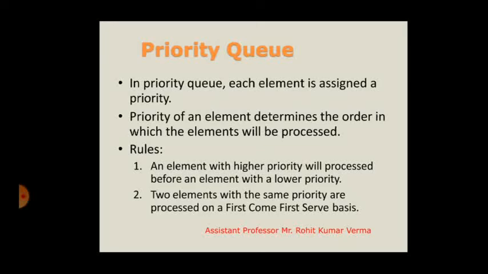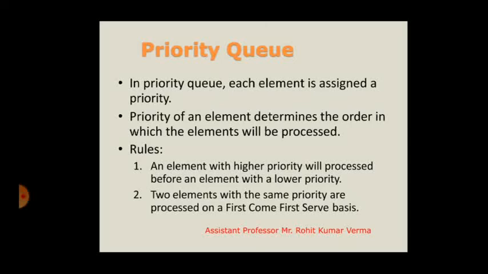So what happens in case of a priority queue? Each element is assigned a priority and on the basis of priority the order in which the elements will be processed is decided. According to that priority we can process the elements in the priority queue.